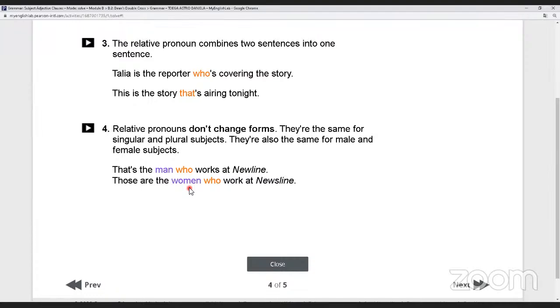En inglés, hablando de los relative pronouns, no cambia. Si hablo en singular, plural, si hablo en femenino, masculino, no cambia. Es solo who para todo. So if I'm going to talk in whatever form of the subject, I'm not going to modify my relative pronoun. It doesn't exist. It is not similar to Spanish. So we have to take care in that part.